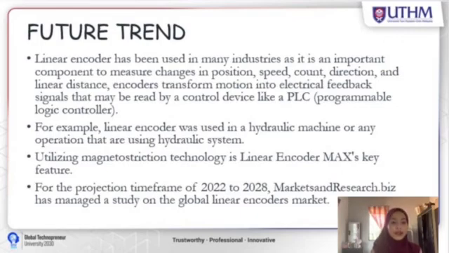For example, a linear encoder is used in a hydraulic machine or any operation that uses a hydraulic system. Utilizing magnetostriction technology is a linear encoder's key feature. For the projection timeframe of 2022 to 2028, the market research.biz has conducted a study on the global linear encoders market.